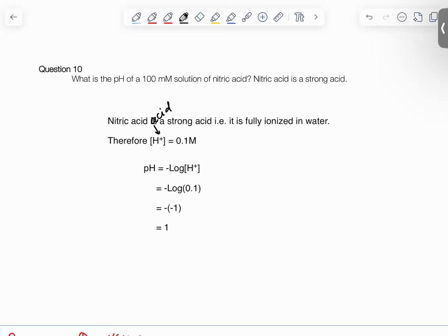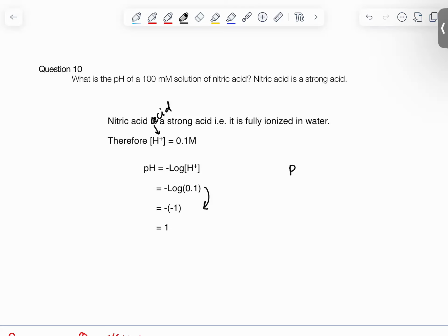So with this one, something that I feel like people don't remember. Can anybody tell me how he gets from this to this? How do you knock out a log when you're doing something on both sides of the equation? 10 to the power. So this he just solves for negative log.